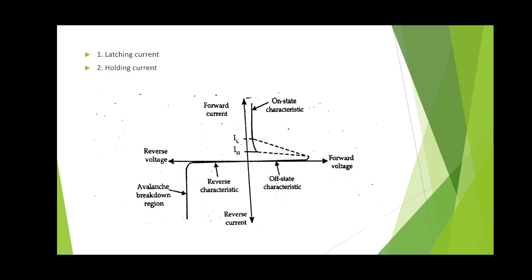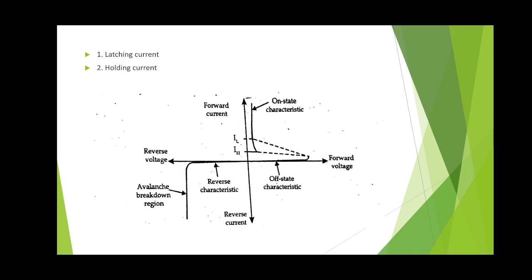In this case, two currents are to be defined, which are very important. Again, this question is repeatedly asked, that is about the definition of latching current and holding current. The figure shows the VI characteristics of the SCR where two important currents are plotted, the latching current and the holding current.